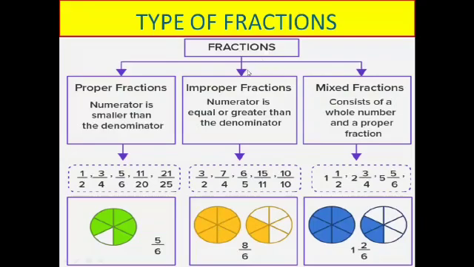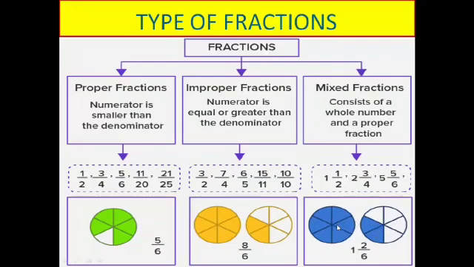Now, the improper fractions can be converted into mixed fractions. Mixed fractions have a whole number part and a proper fraction, like 1 whole 1 upon 2. So it is 1 whole, and here I have 2 parts shaded out of 6.